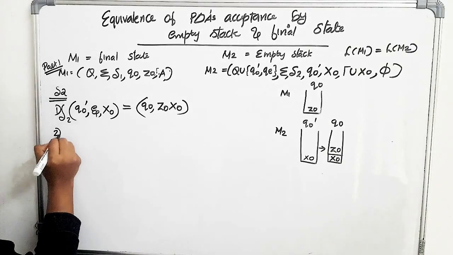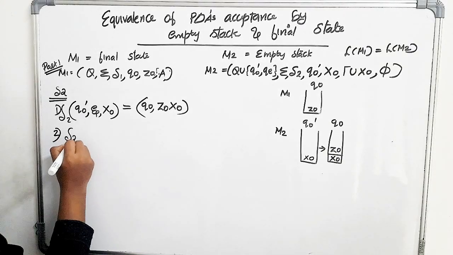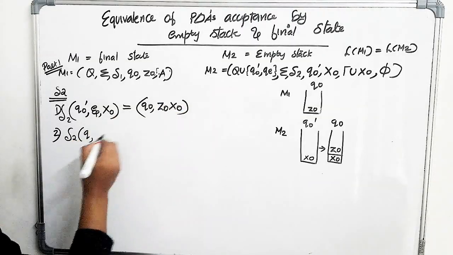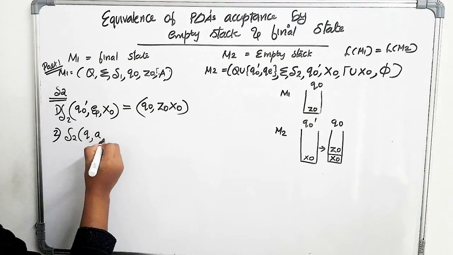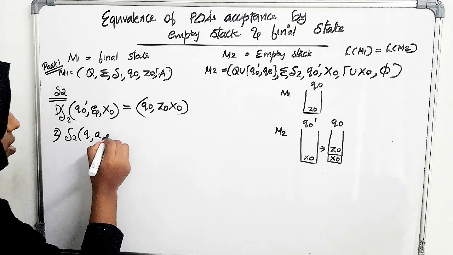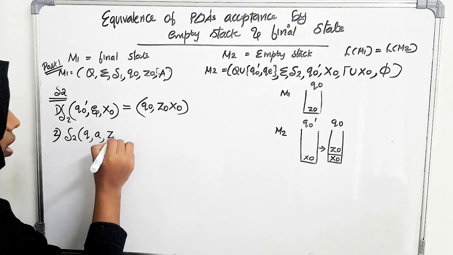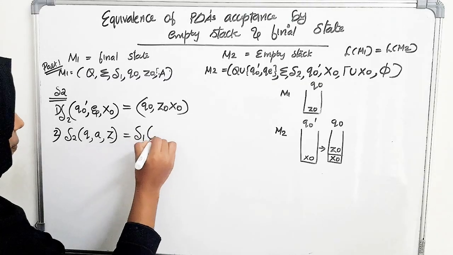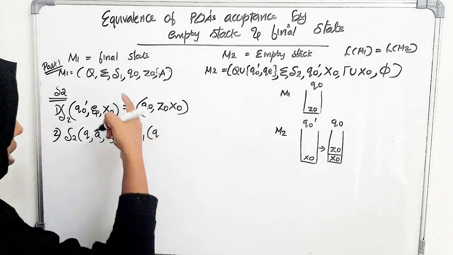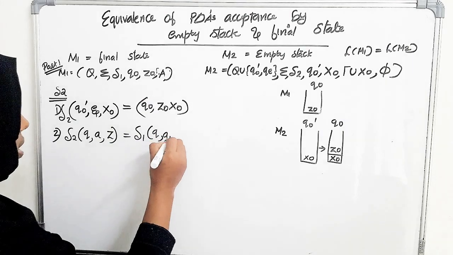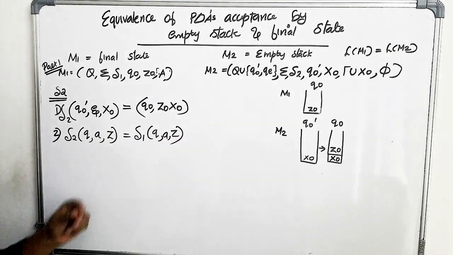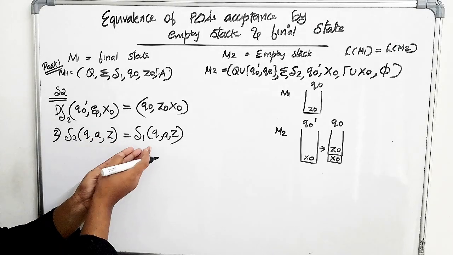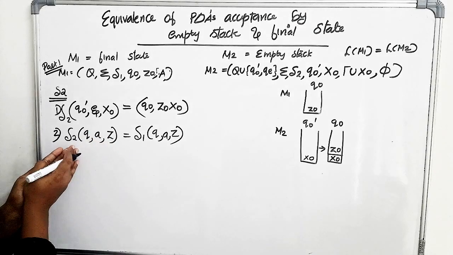Now once we do that, all the transitions of M2 on any input character, whatever is on top of the stack, will be similar to that of delta 1, that is M1, that is Q, A, Z. Once this step is done, anything that is done by delta 1 will be copied by delta 2.